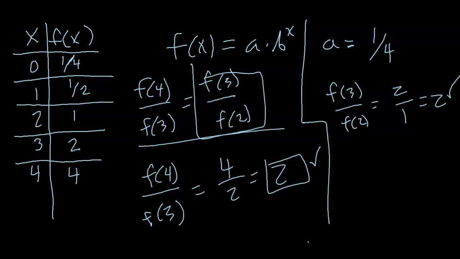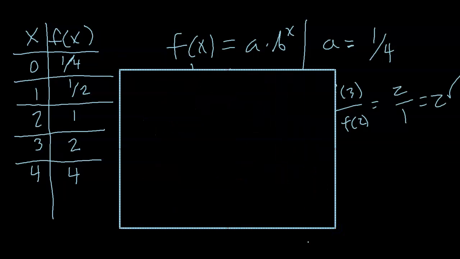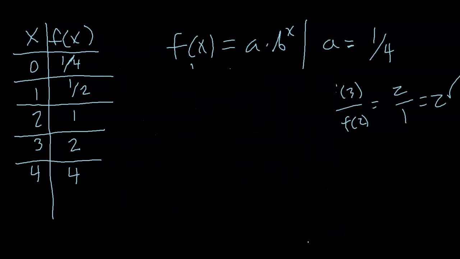So since the common ratio is 2, that means we're multiplying by 2 each time to get to our next value, right? And we should be able to look at our table of values and see that that's the case. See, 1/4 times 2 is 1/2, right? 1/2 times 2 is positive 1, right? 1 times positive 2 is 2, right?